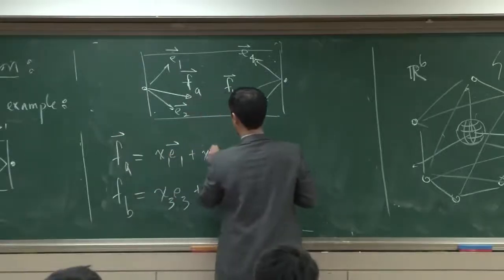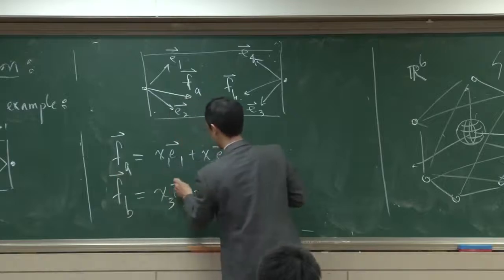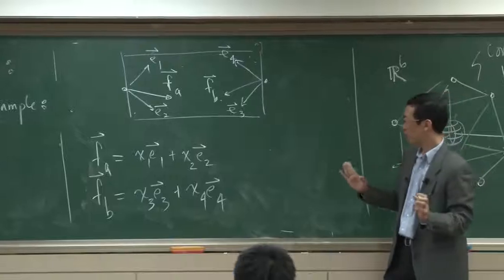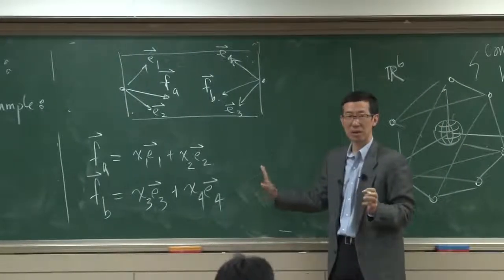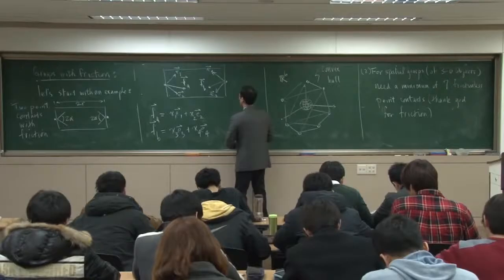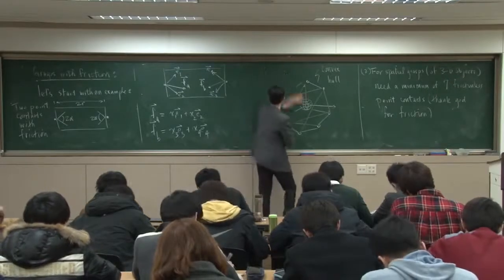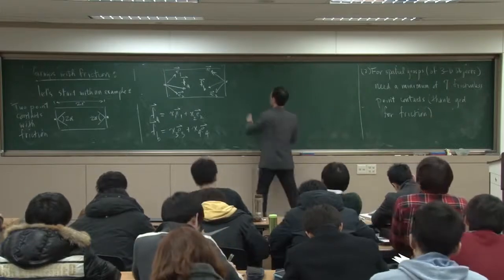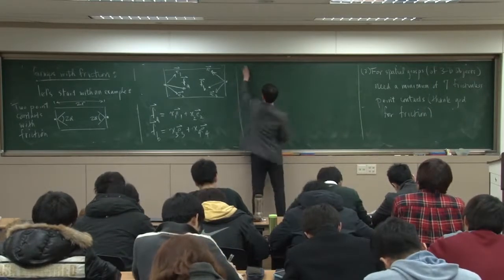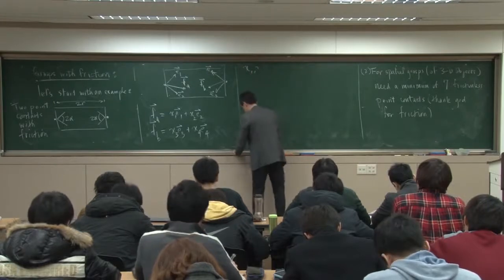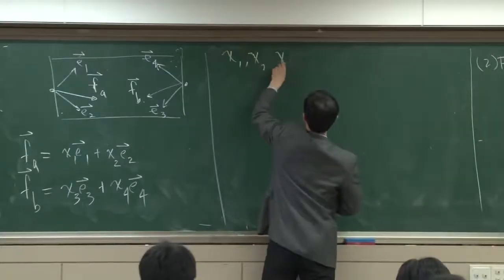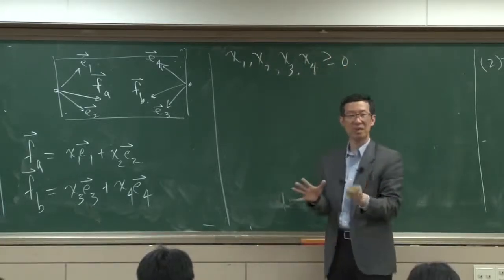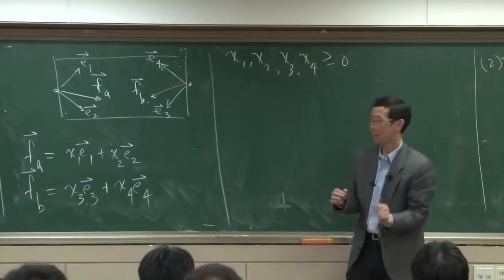And as before, the x's, x1, x2, x3, x4, are all greater than or equal to 0. Why? Because we can only push. No pulling is allowed.